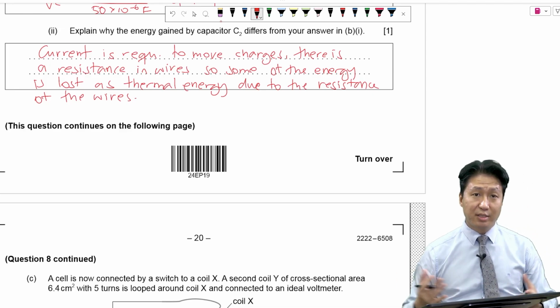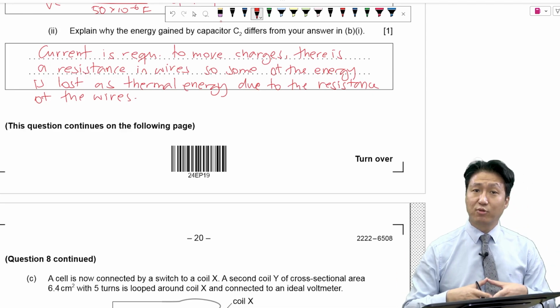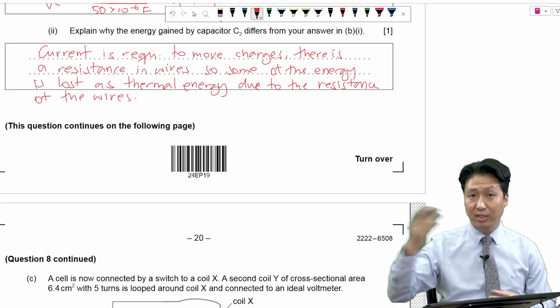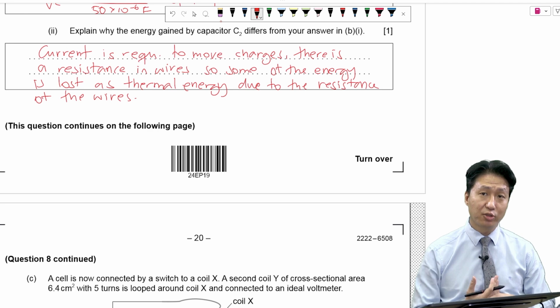There are other ways to explain this. You can also say it would be transferred as electromagnetic radiation to the environment, or any such similar explanation would also be okay.